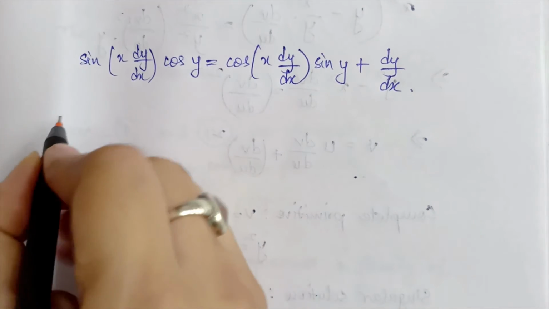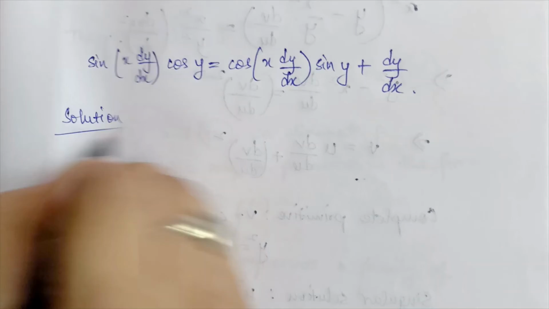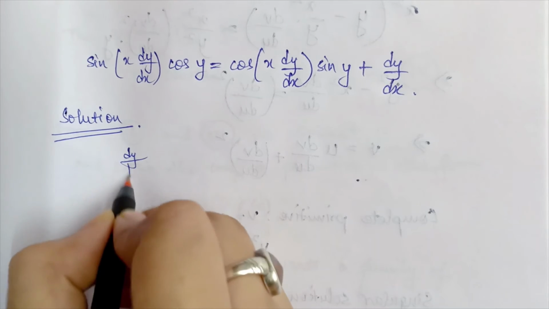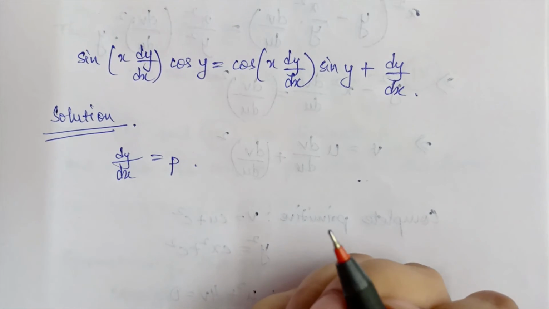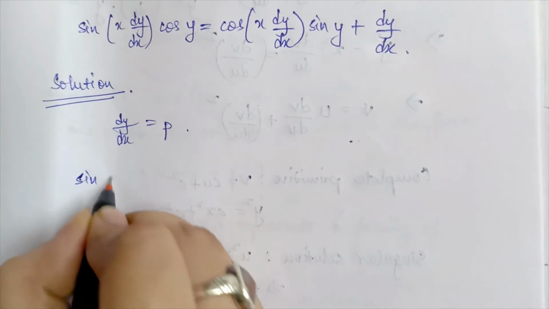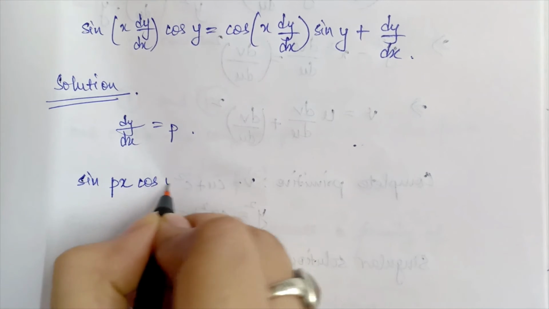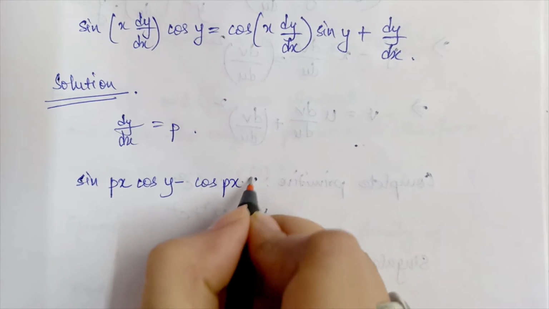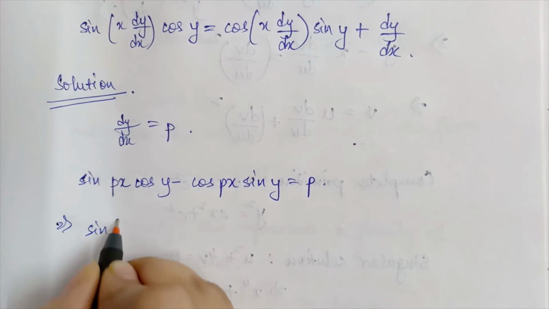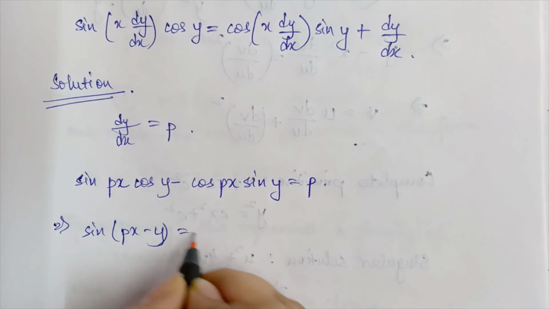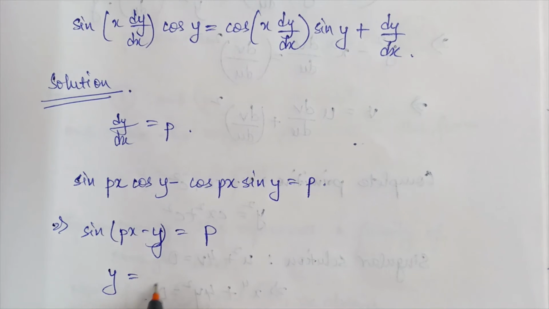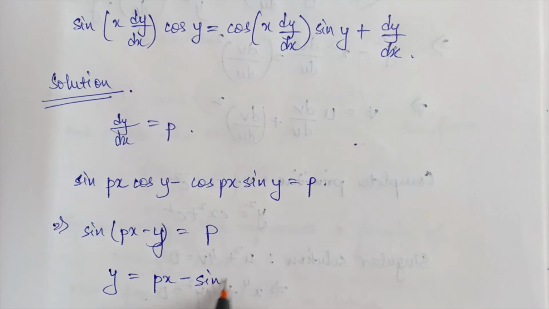The solution: first we put dy by dx equals p. So the given equation reduces to sin px cos y minus cos px sin y equals p, or sin of px minus y equals p, or y equals px minus sin inverse p.